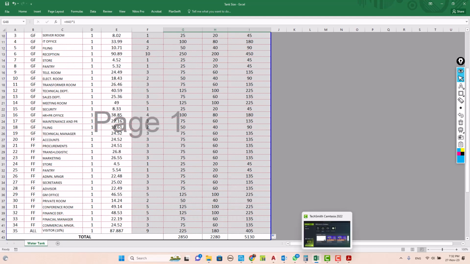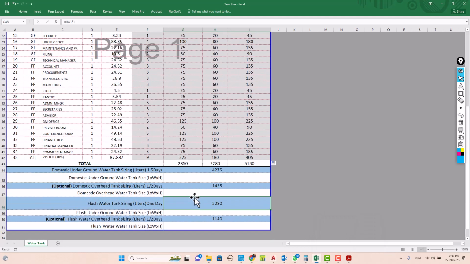But if we are proposing, like, a residential area, the domestic water and flushing water, all water is the same. So in that scenario we propose this much water.